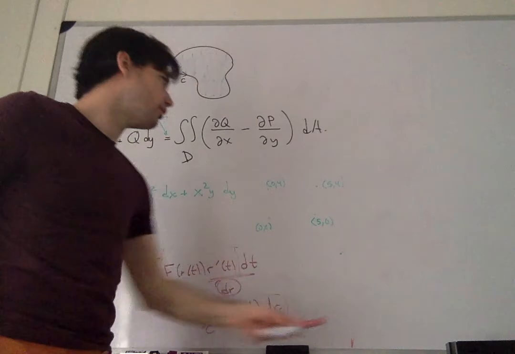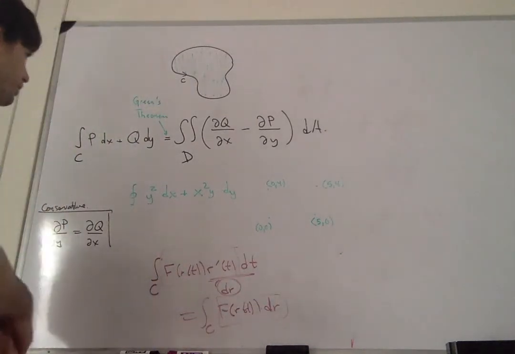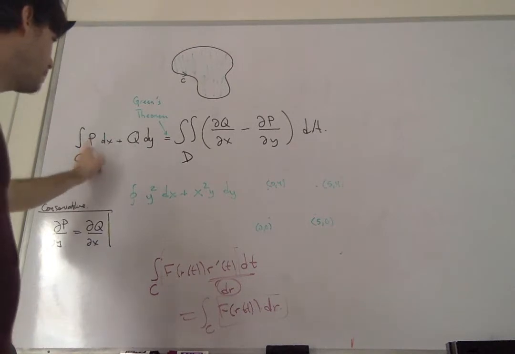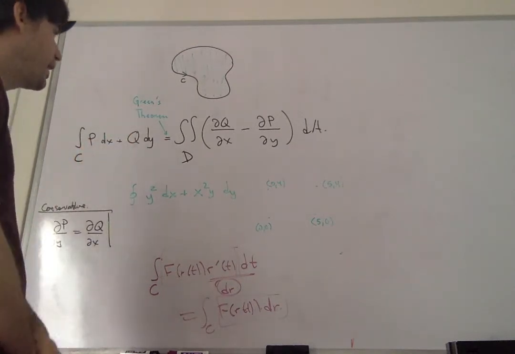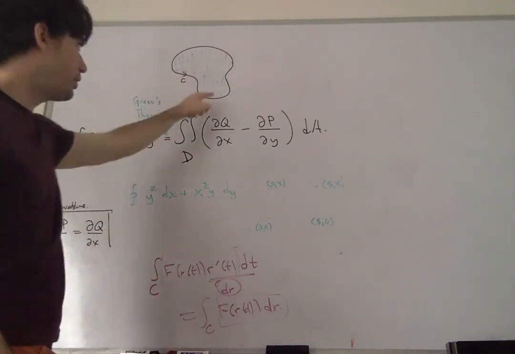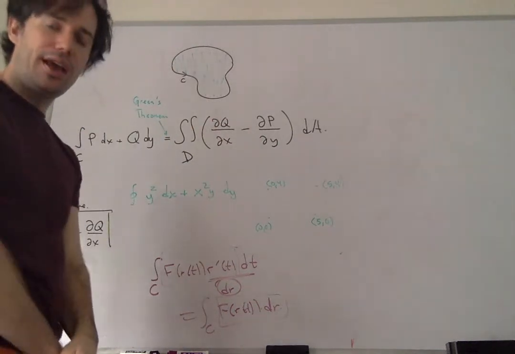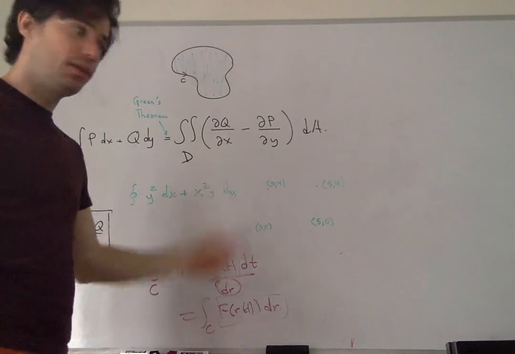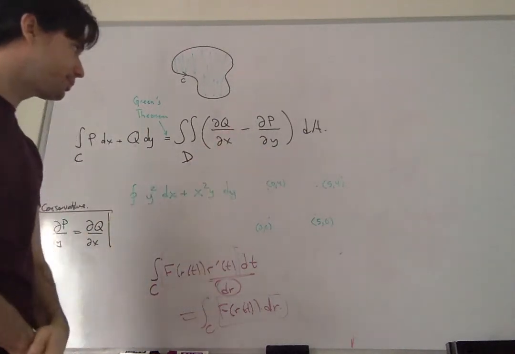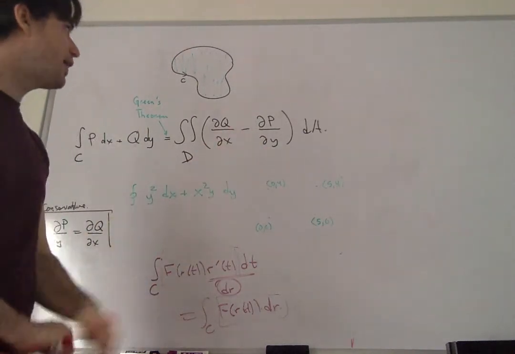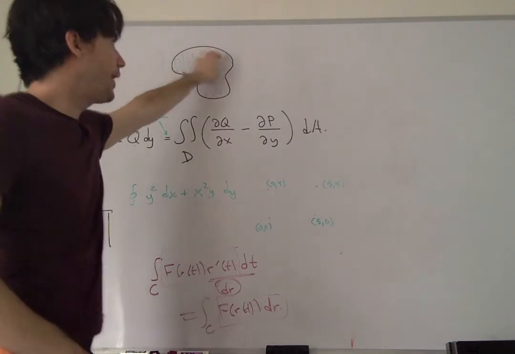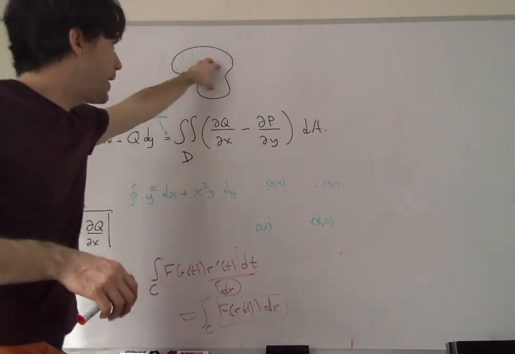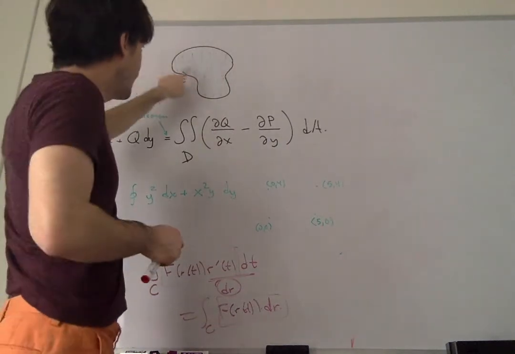Okay, and I called those loops when I first started, but we're going to call them closed curves from now on. So what it says is that if you have this form P dx plus Q dy, you can convert an integral on the boundary of a domain to the integral over that domain like this. Now, in some sense, you can think of the boundary as a derivative of the domain.